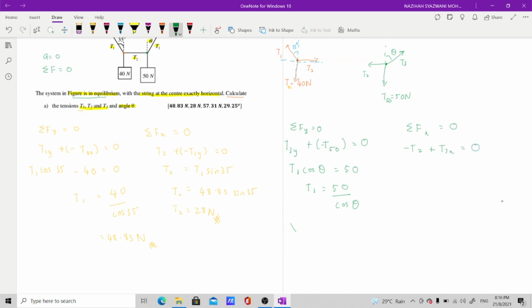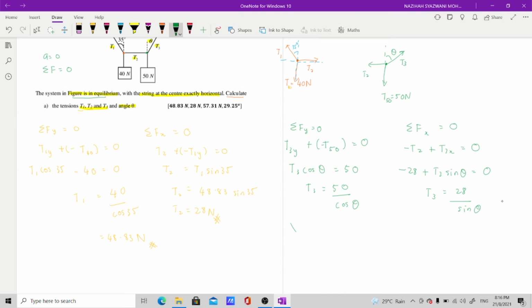We have the value of T2, so we can substitute negative 28 plus T3x, which is T3 sine theta, equals 0. Again, let's make T3 the subject. So T3 equals 28 over sine theta.